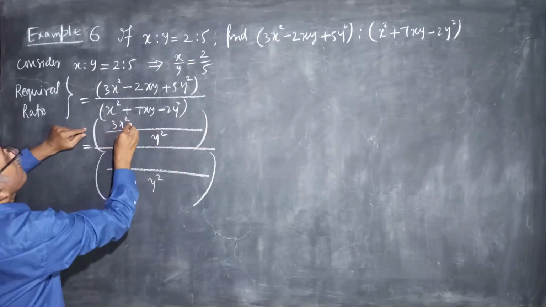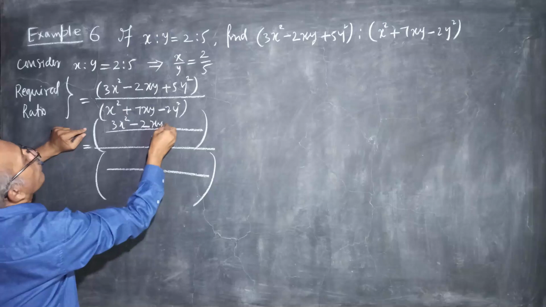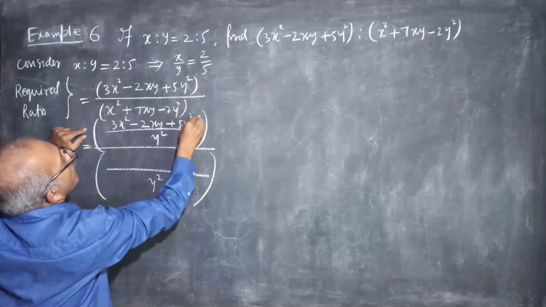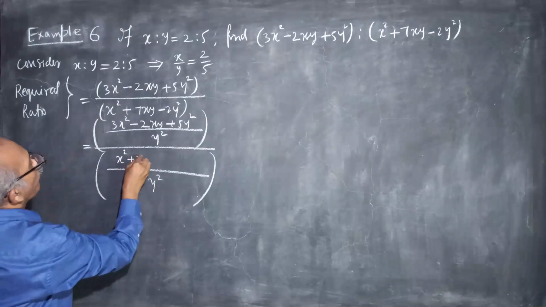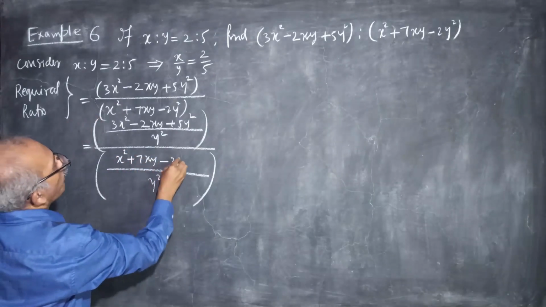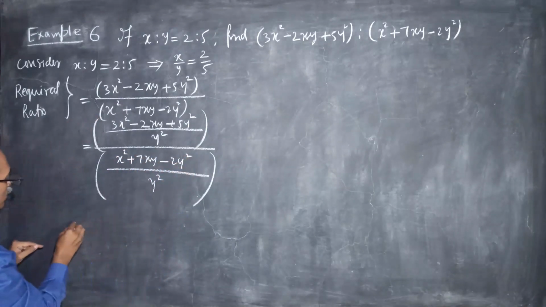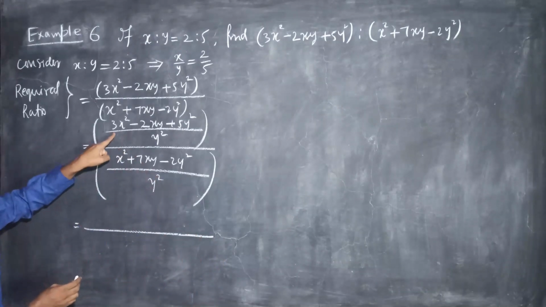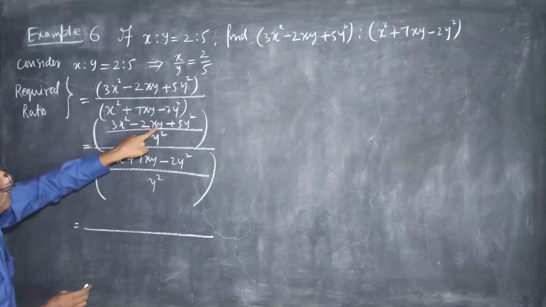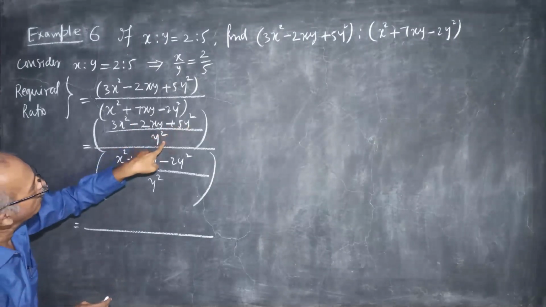So we get 3x square minus 2xy plus 5y square divided by y square, over x square plus 7xy minus 2y square divided by y square. This is equal to, here we shall split the terms: 3x square by y square minus 2xy by y square plus 5y square by y square.